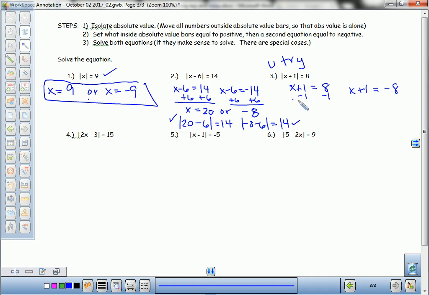In each case, we're just going to subtract 1. So we get 7 or negative 9. If we plug in 7, 7 plus 1 is 8. That works. If we plug in negative 9, negative 9 plus 1 equals negative 8, but the absolute value of negative 8 is 8. So that one works.